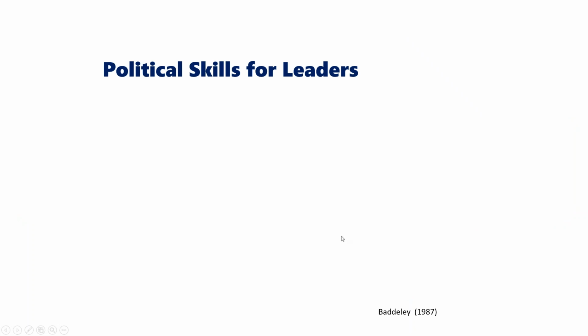All right, so let's look at this model of political skills for leaders. And it's a great model. It's Badley's work, and it's a great model just to frame how we might look at political awareness, or as he calls it, political skills. Now, the first axis there on your screen is, on one end of the continuum, we have game players.